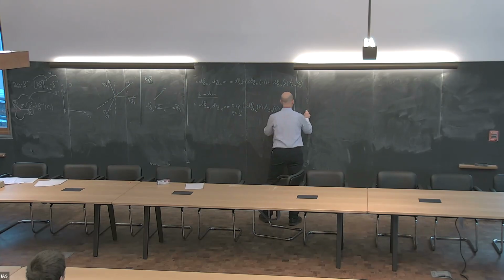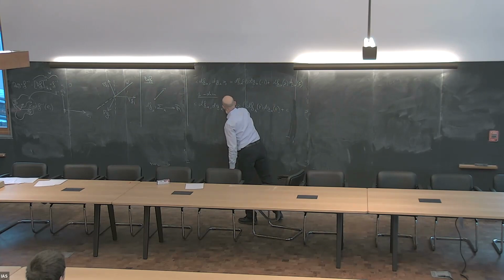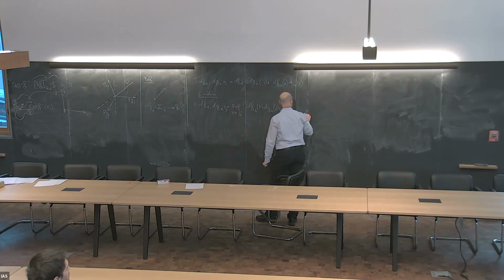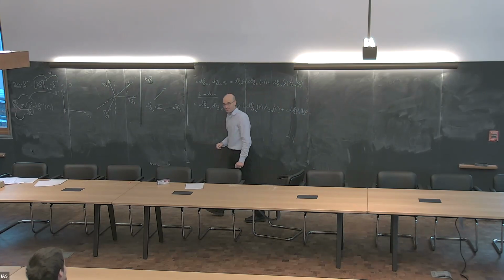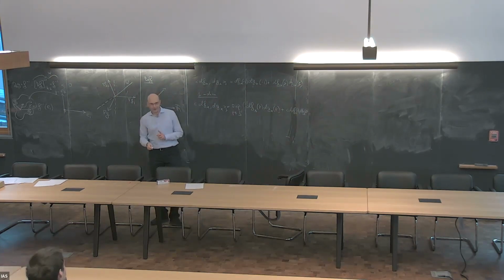So let's say this is the 0, this is the 1, and this is the fx. So basically like doing it, picking a flag. So right, now on the sphere you induct over the dimension.